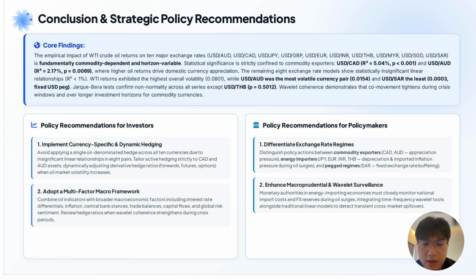Because linear relationships are statistically insignificant across 8 of the 10 currencies, applying a single blanket oil-denominated hedge across all currency exposure is inefficient. Instead, asset managers should tailor active hedging strictly to CAD and AUD assets, dynamically adjusting derivative hedge ratios using forwards, futures, and options when wavelet coherence signals elevated crisis co-movement.